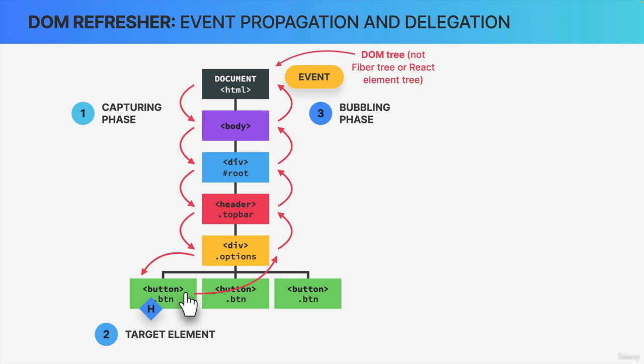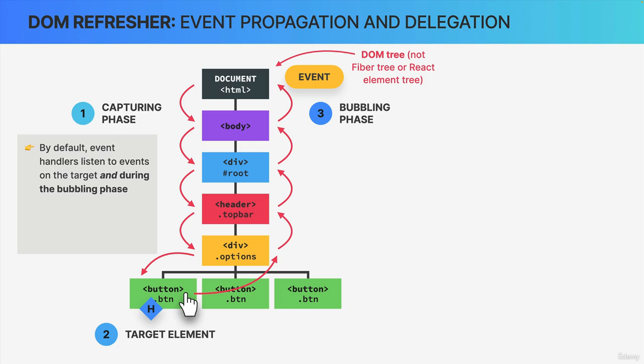In fact, it's as if the event originated or happened in each of these DOM elements. The second important thing is that by default, event handlers listen to events not only on the target element, but also during the bubbling phase.